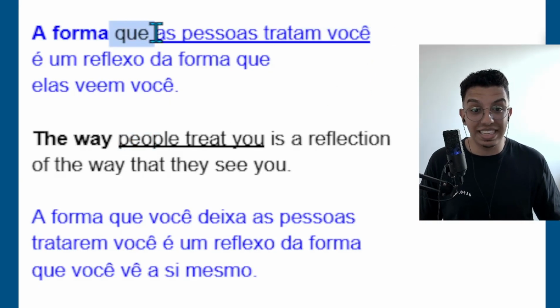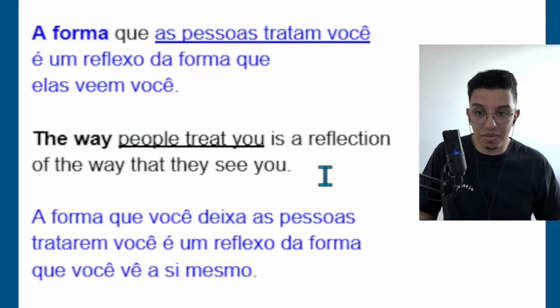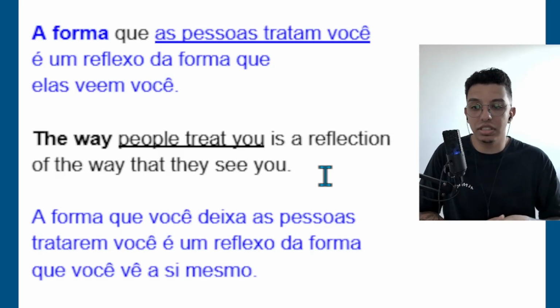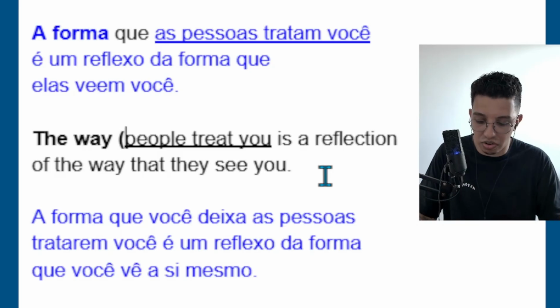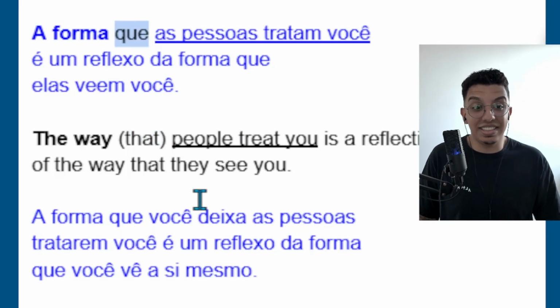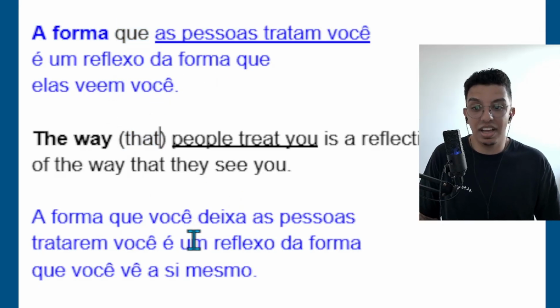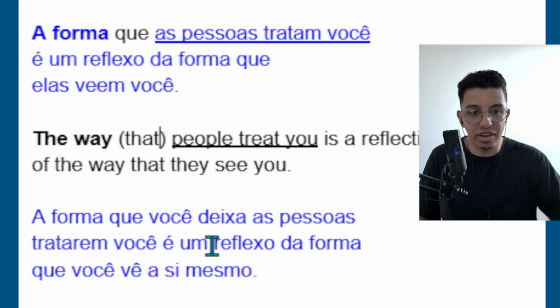And we have this que in the middle. The pronunciation is que. We use it all the time in all the sentences. But you English speakers, you don't say that all the time, but it means that. So when you see this que in the sentences, you can imagine that: the way that people treat you.